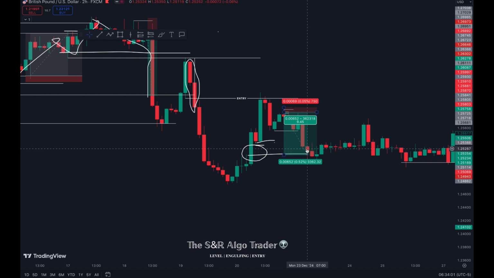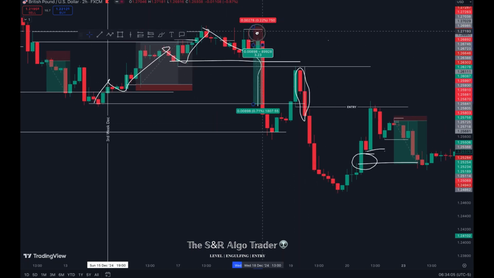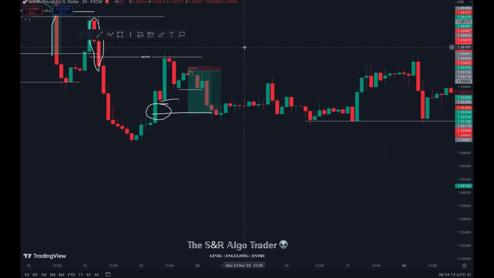If it was the London or New York session, we would have closed the market with one candle, just like this. One candle drop just like this. The market wasn't that volatile because people were sleeping, so the market was moving slowly like a tortoise.